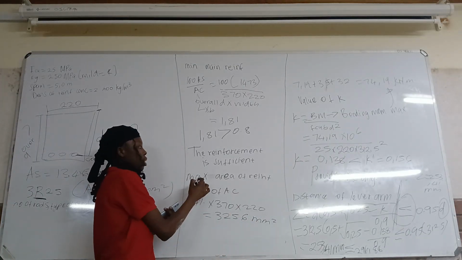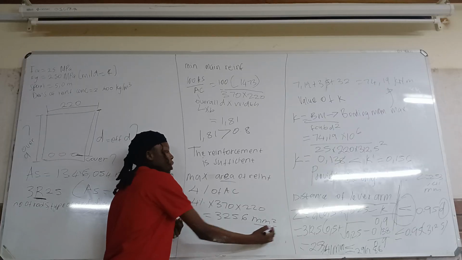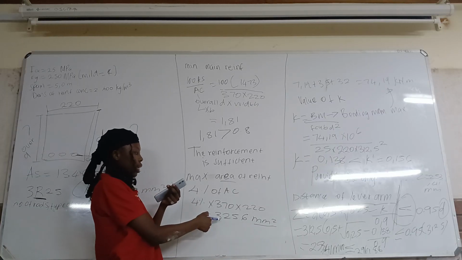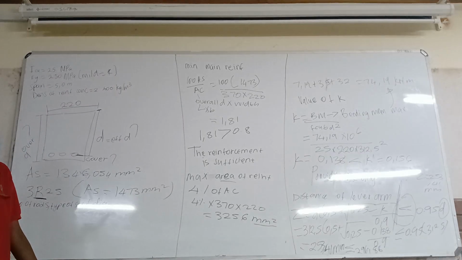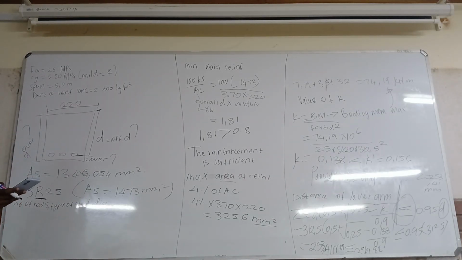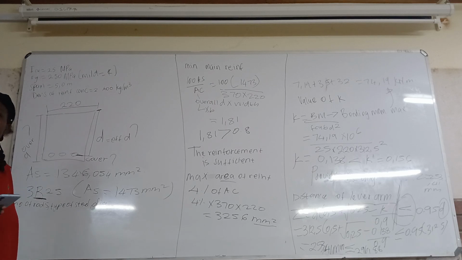Again, it's the maximum area, so the unit is millimeters squared again. So after getting 3256, what do we do after getting the area? How do we know it's sufficient? 1473. It's AS again.